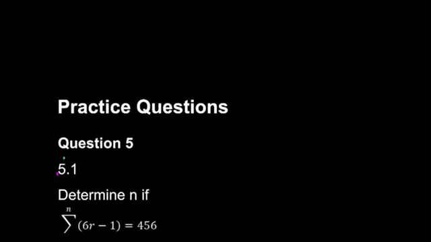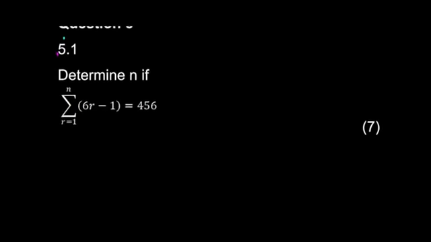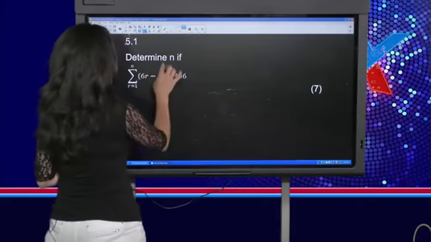Okay, and then I'd like to look at sigma. Determine n if such is happening. So grade 12s, can you decode what this is all saying? Okay, so this is really shorthand.